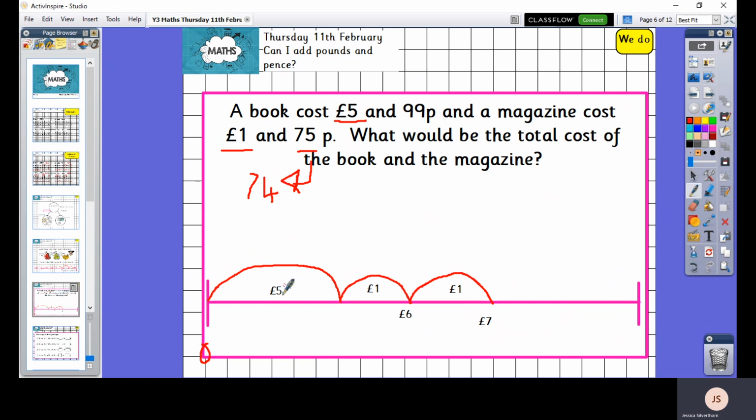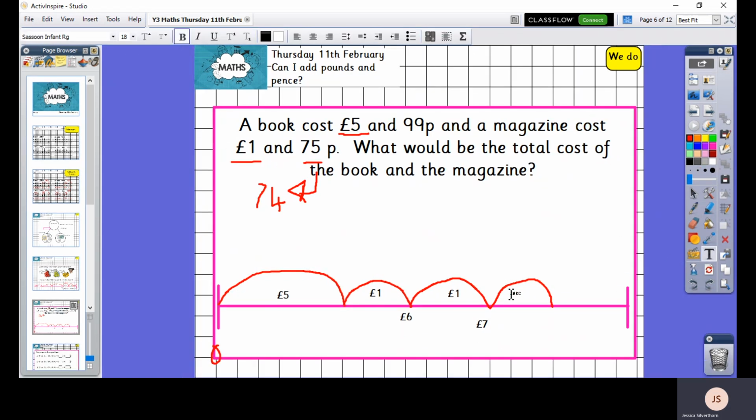So let's give this a go. So I've got £5, add £1, add £1, and here I'm going to add on 74 pence. So £7 plus, there we go, 74 pence. And I know that that will make for me £7 and 74 pence.